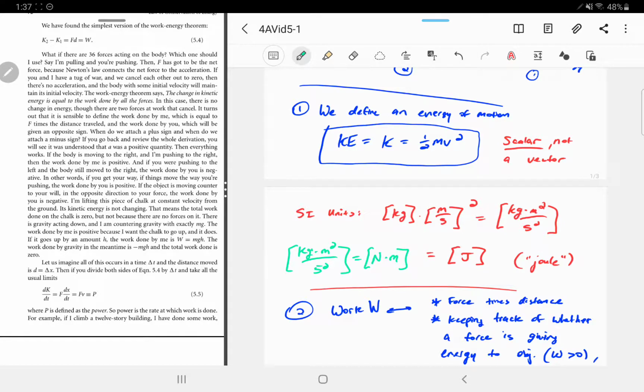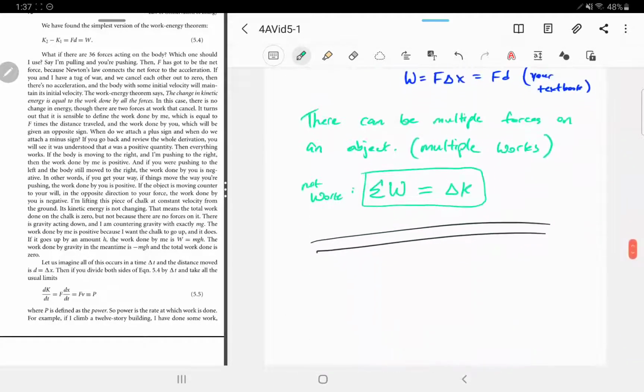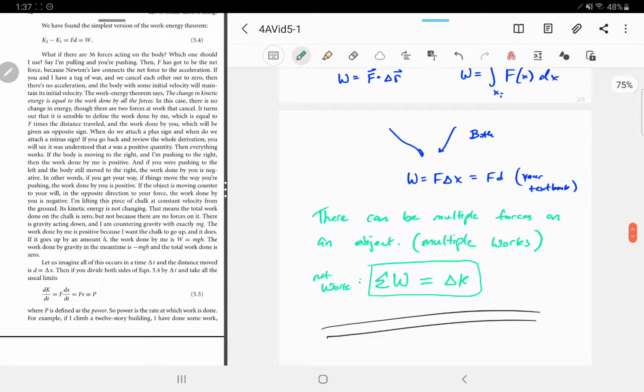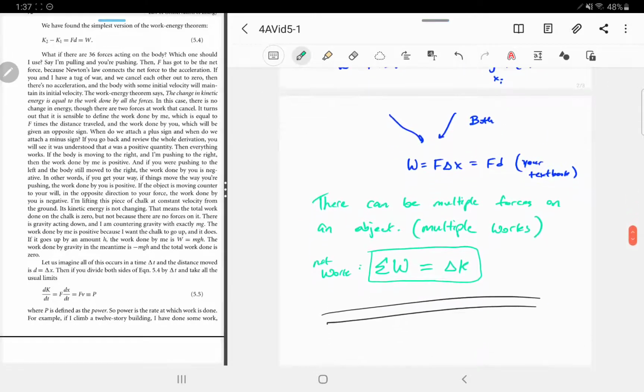Newton times meters is also equal to joules. So the units work out here. The units of work are also joules. The dimensions of work are energy. Work and energy have the same dimensions, which is why we can just say that they're equal like this. There's no constant in front relating these two.